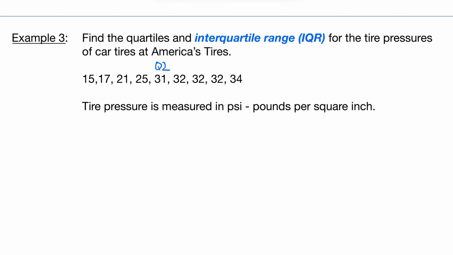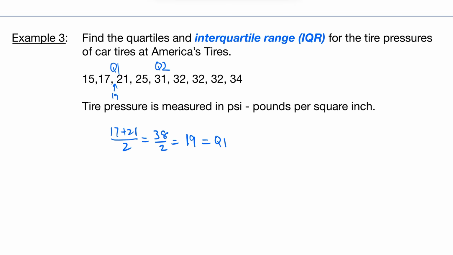We're going to take 17 and 21, add them together, and divide that by 2. That works out to 38 over 2, or 19. So 19 is our first quartile, and our first quartile sits right there.